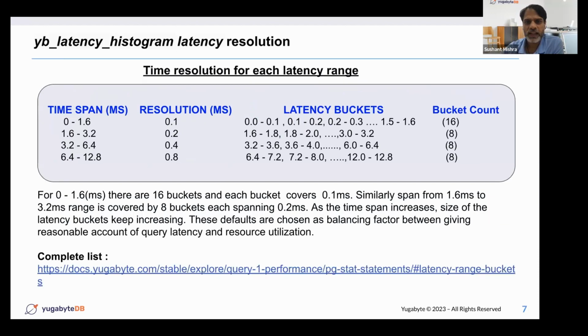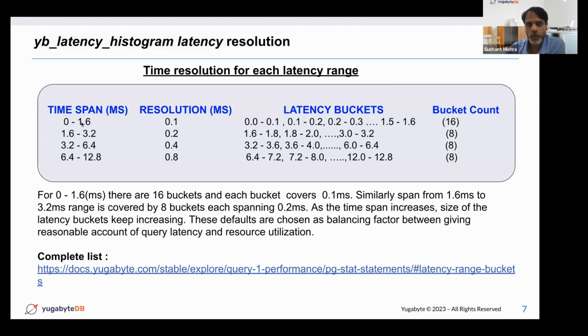So with that, also to answer Karthik's question, what are the different latency spans we track? We divided the whole time range into different latency spans, which we also refer to as latency buckets.